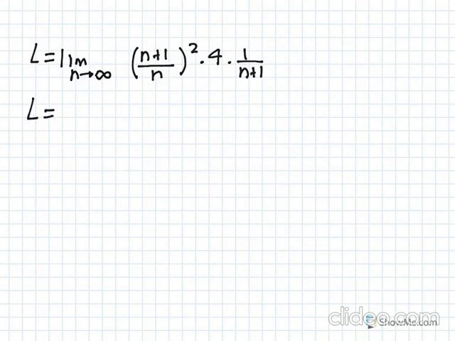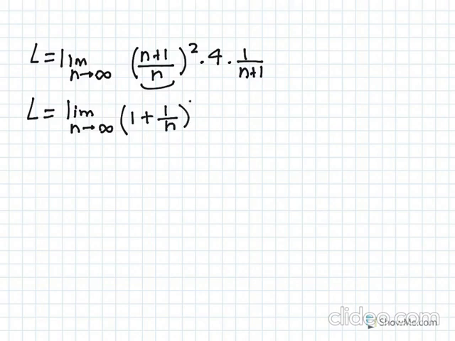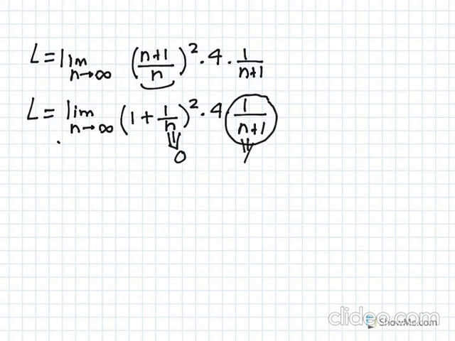Divide this through, we get n over n, so 1 plus 1 over n all squared times 4 times 1 over n plus 1. Now, taking the limit as n approaches infinity, 1 over n goes to 0, and 1 over n plus 1 also goes to 0, because we have 1 divided by n plus 1, which is going to infinity. The result is 0, and 0 is less than 1.